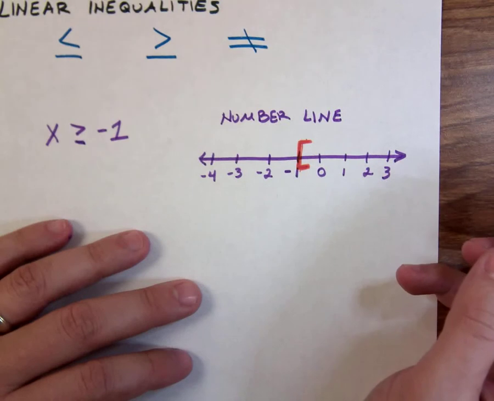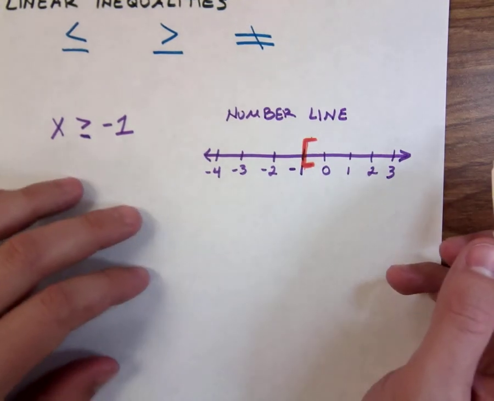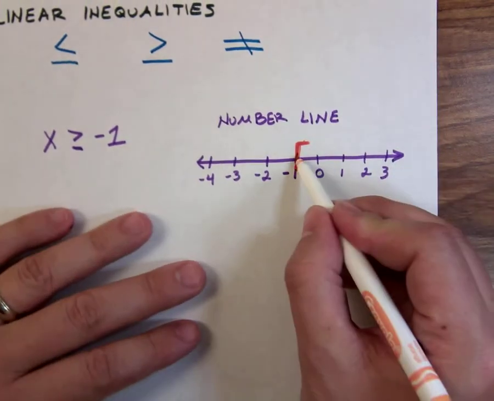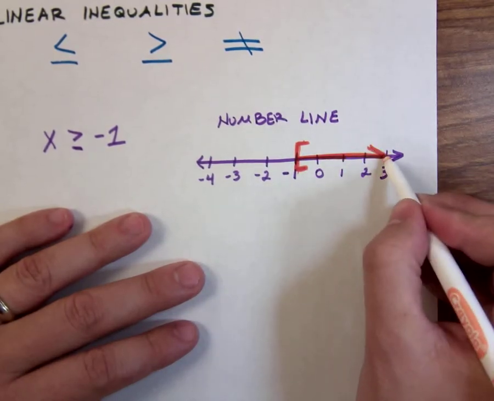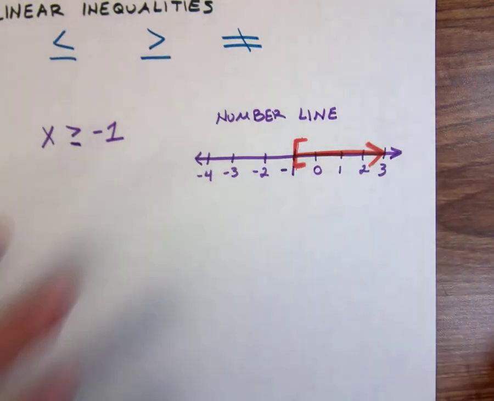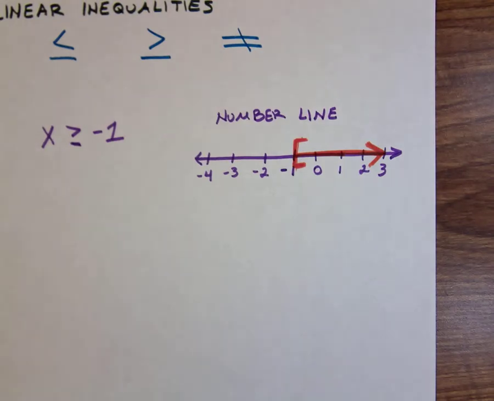Now the way I say -1 and up is that on top of this number line, I draw, if you're using pencil, just a really thick line, just like that. What does the arrow on the end mean? It means it keeps going. From -1, 0, 1, 2, 3, 4 to infinity, and the line means all the numbers in between.